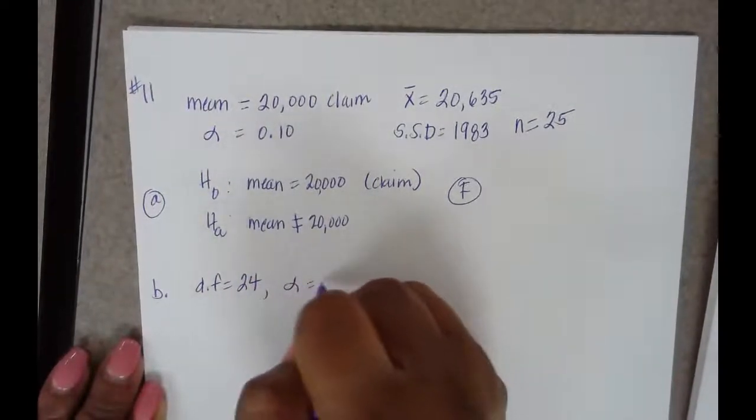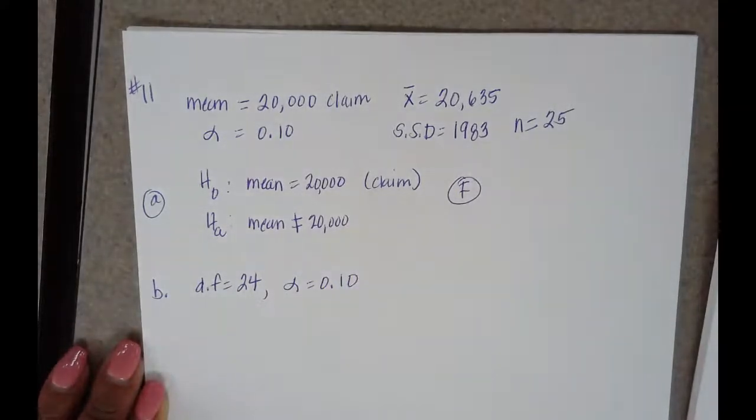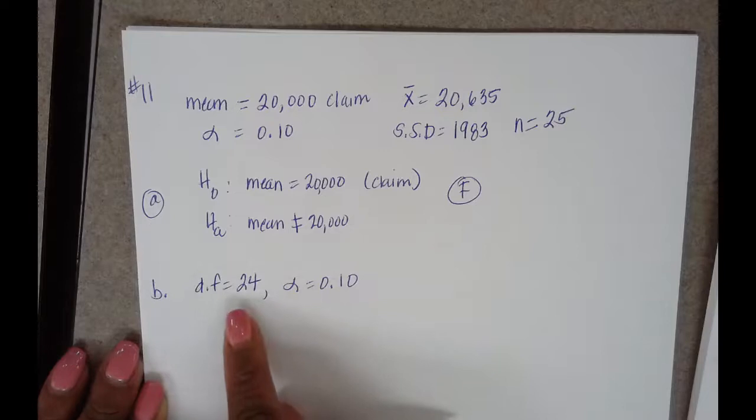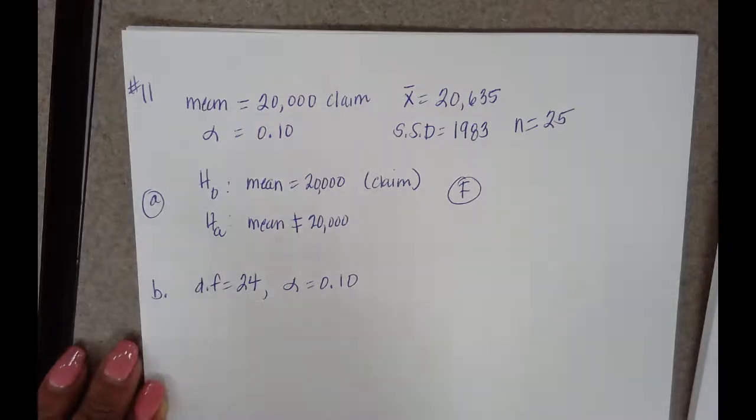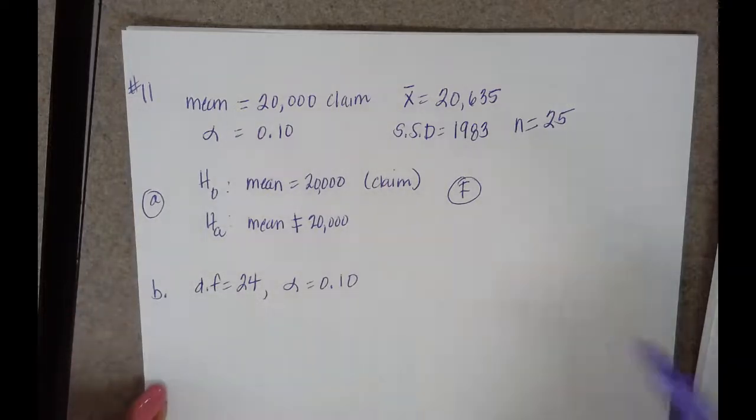Alpha is 0.10. I also know that I'm finding the critical values. I need to know what type of test I will have, 1 tail or 2 tail. Well, in this problem, since it involves the not equal to sign, this will be a 2 tail test.